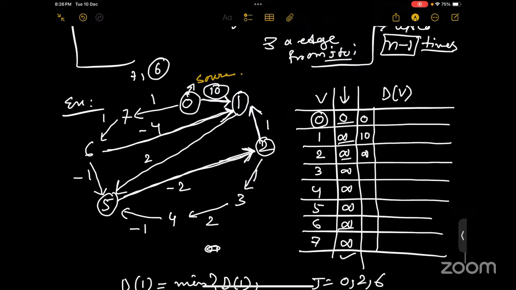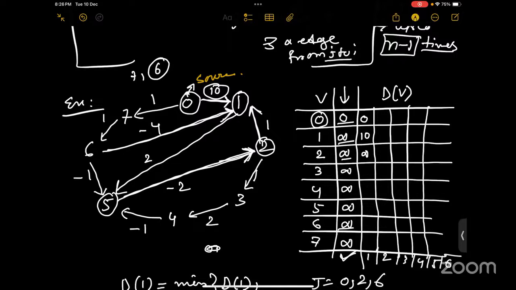Okay, this is our initial step. Then we will repeat the process 6 times: 2, 3, 4, 5, and 6. So we will get 6 more columns, and whatever the last column is will be our respective answers.